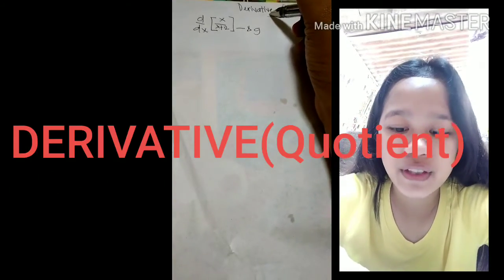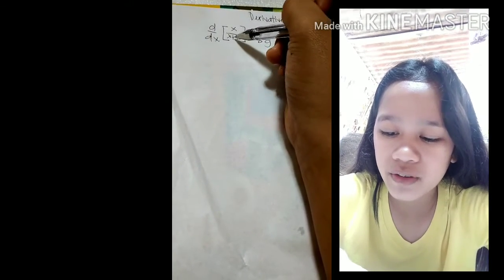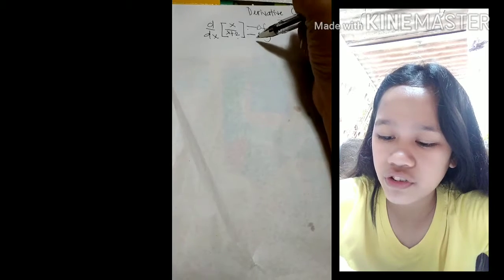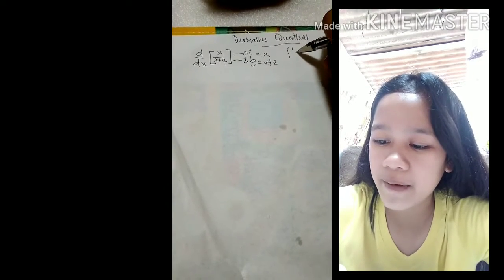Derivative of quotient. So let's find the derivative of x over x plus 2. The numerator is f and the denominator is g. So the value of f is x, then the value of g is x plus 2. And then we're going to find f prime and g prime.